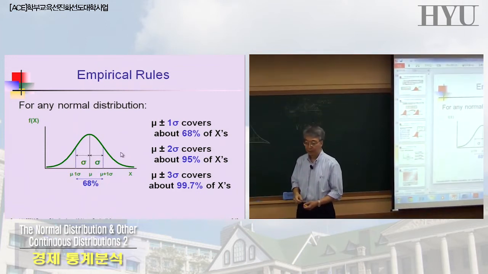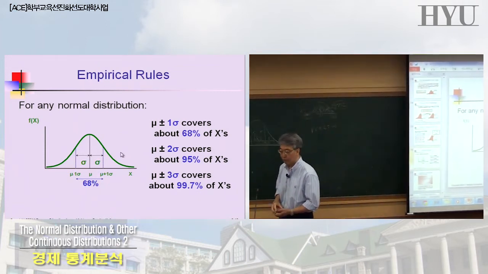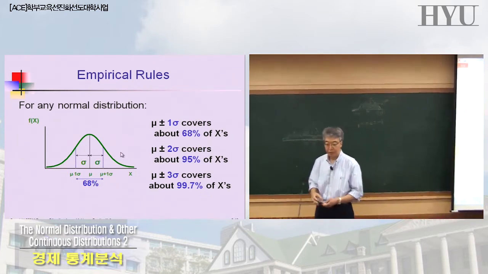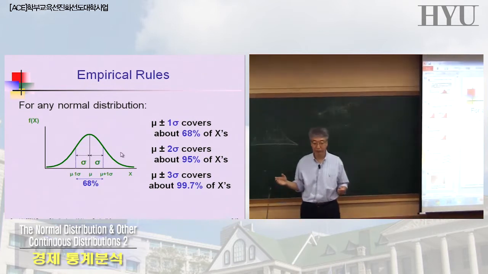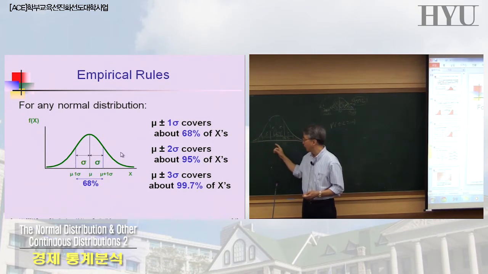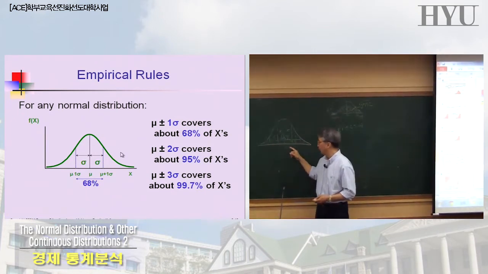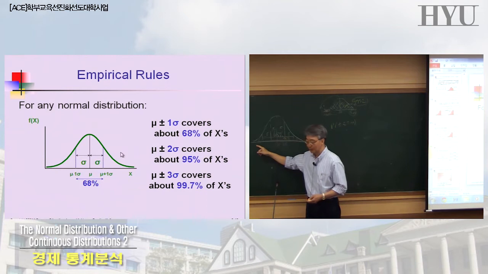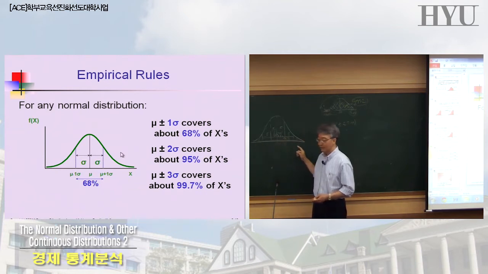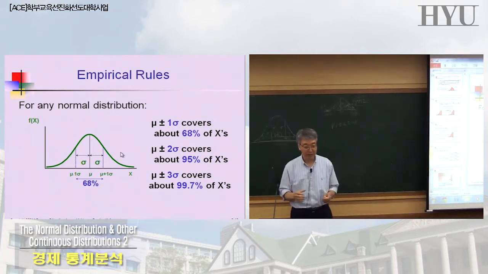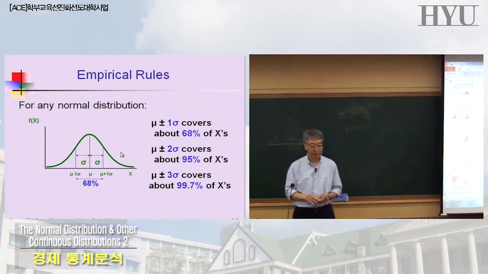So in other words, if any variable is normally distributed, then 99.7% of the time, you will find that number between mu minus 3 sigma and mu plus 3 sigma. Okay? So this 6 sigma area covers almost all of them.